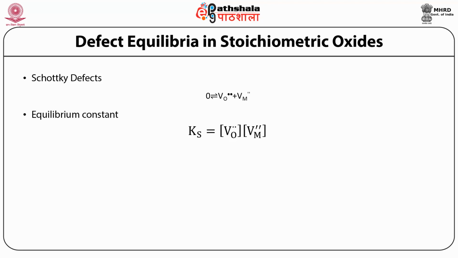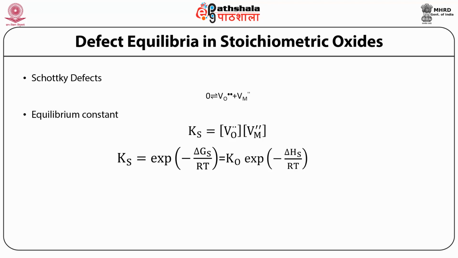The equilibrium constant can also be expressed as Ks equal to exponential of minus delta Gs by RT, which comes out to be K naught exponential of minus delta Hs by RT, where delta Gs is the molar free energy of defect formation and is delta H minus T delta S. Here delta H is the enthalpy of defect formation, and delta S is the entropy change, which is mainly vibrational in nature and can be assumed to be constant.